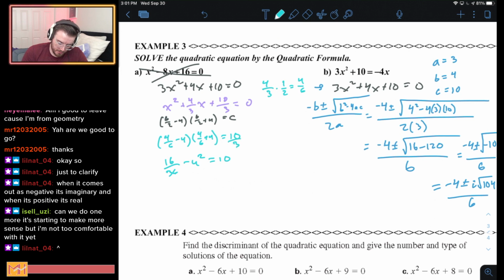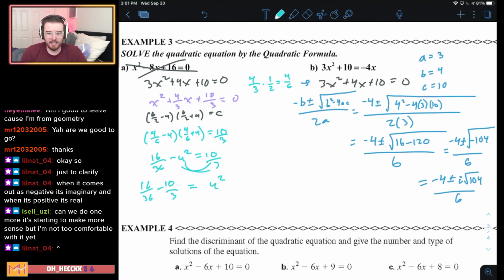Ten-thirds. My bad. So then 16/36 plus 10/3 minus 10/3. I gotta move the 10/3 over and the u squared over, so minus 10/3 equals u squared.